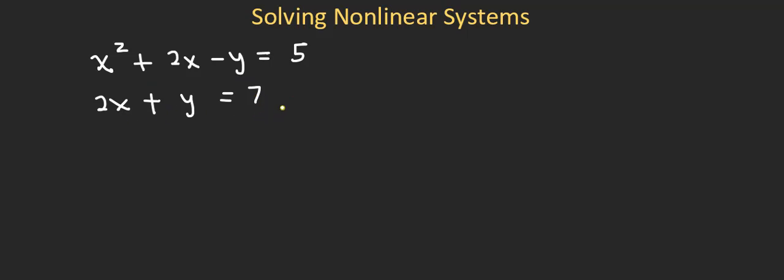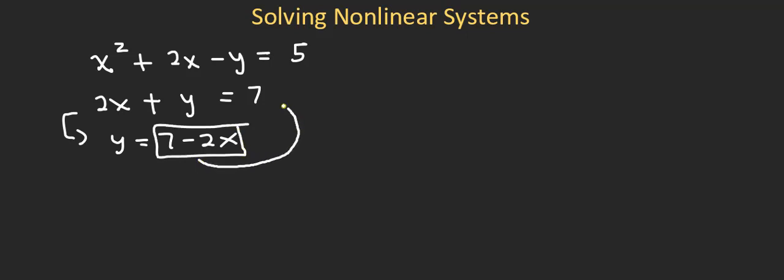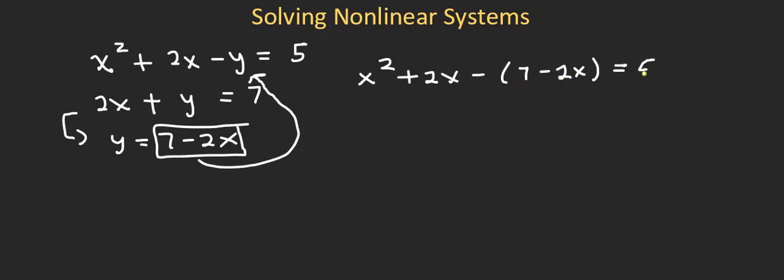So how do you solve this algebraically? Well, we have to use substitution. This is what I mean. Using this equation right here, you know that y is 7 minus 2x. So I'm going to plug in 7 minus 2x over here for y. So you end up getting x squared plus 2x minus the quantity 7 minus 2x equals 5.